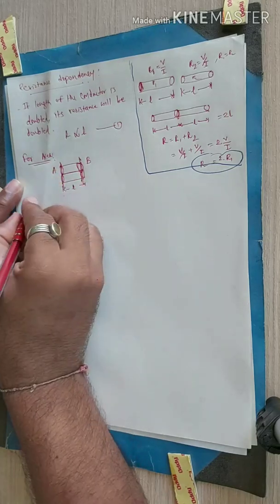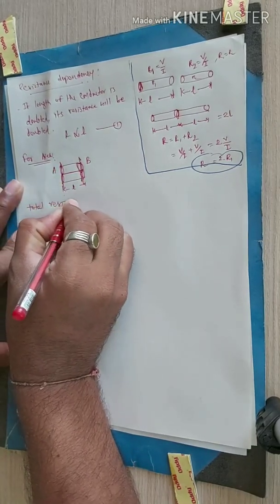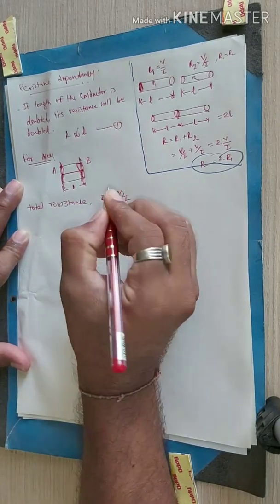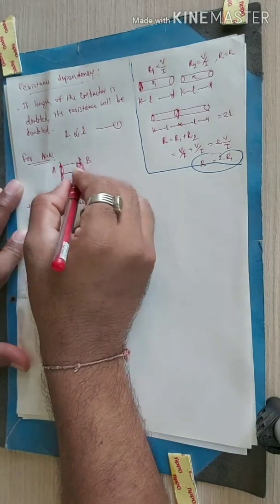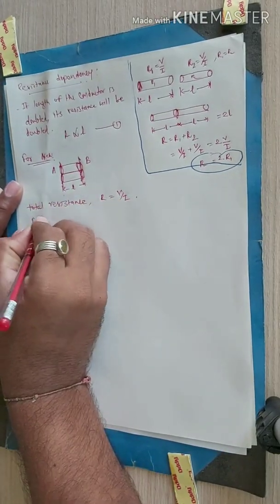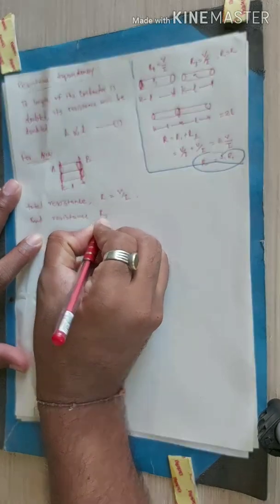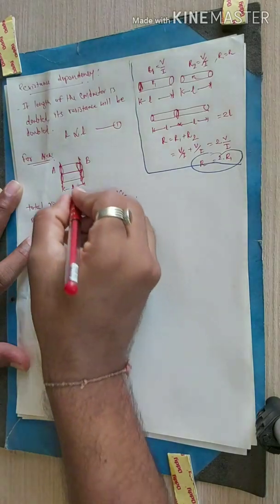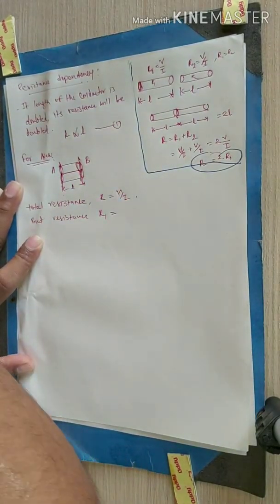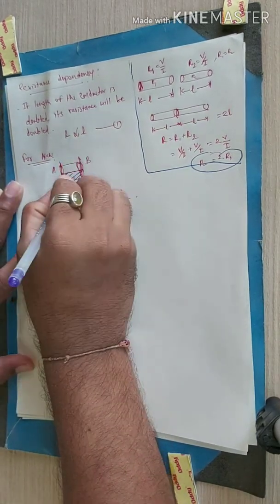So the total resistance for this conductor is R is equal to V upon I. Here we take the lower portion and the upper portion of the conductor. This is the lower portion R1 and this is the upper portion R2.